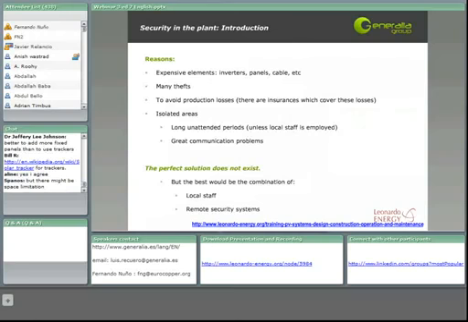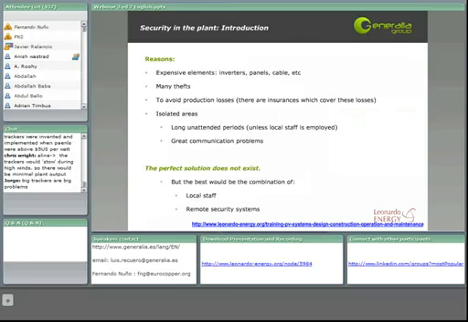The main reasons to install a security system in our solar PV facility is that our PV facility contains really expensive elements, and there are many thefts that may be trying to rob all these elements.